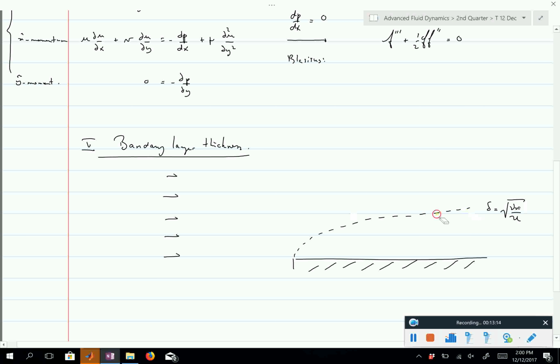So let me actually make that maybe a little bit smaller. And so here it's going to be like that. Right, so if I'm here and I'm thinking about plotting my velocity profile, so right here my velocity is 0, and here if this is my velocity 1, so this is u outside. This is u outside here, and this is also u outside. Then here at this boundary layer I will have roughly 35% of my velocity outside. So it's going to look roughly like this.